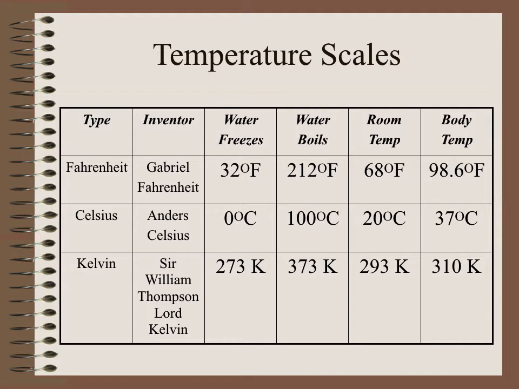You should know the temperatures at which water freezes, boils, room temperature, and body temperature for Fahrenheit and Celsius as part of your vocabulary, so they will show up on quizzes and tests. One other thing to note is that between the Celsius and Kelvin scales, they differ by 273 because, once again, we just shifted the 0 point down 273.